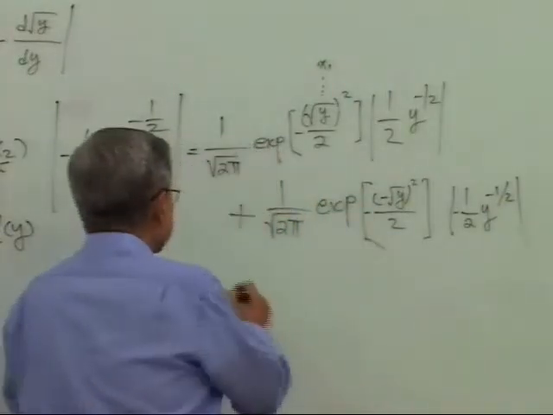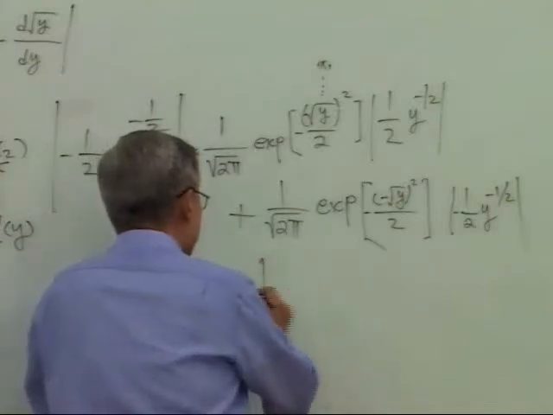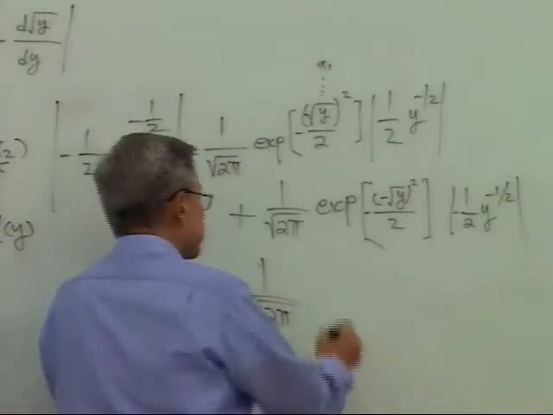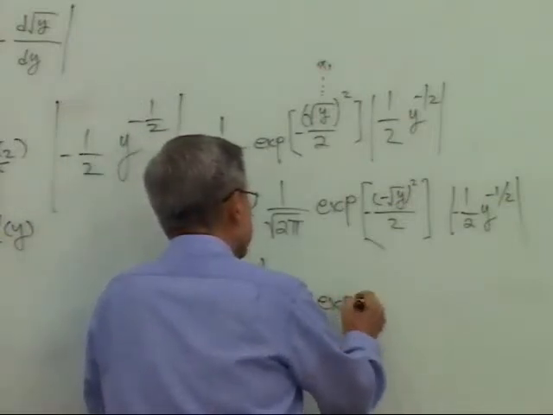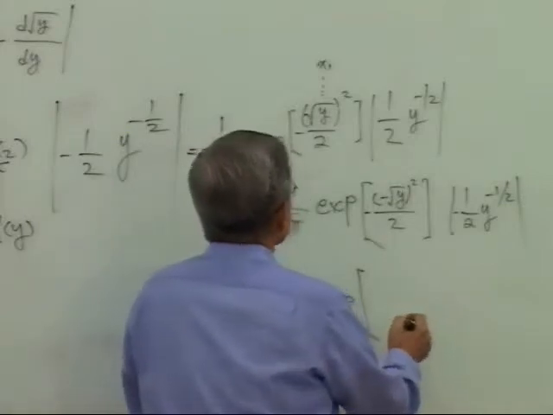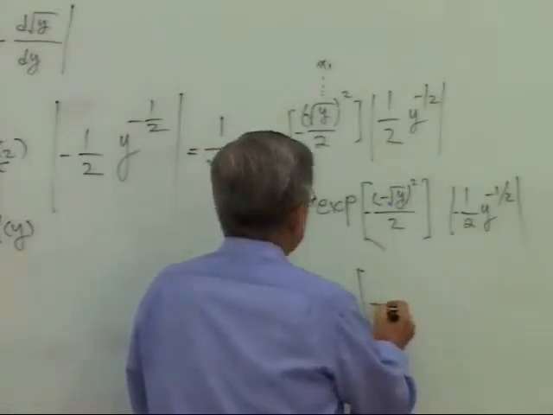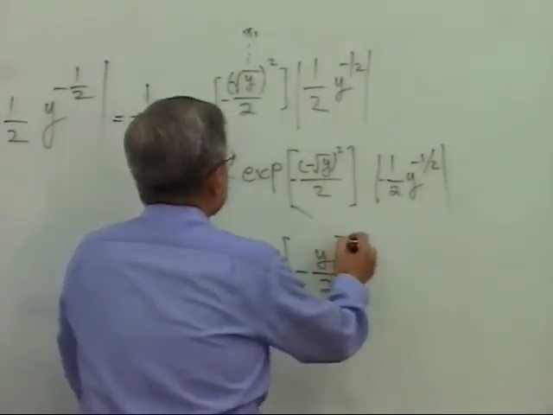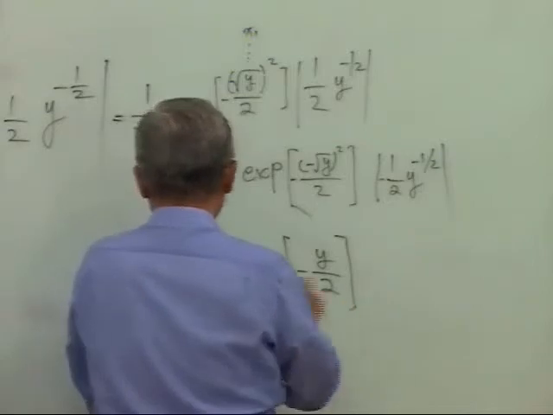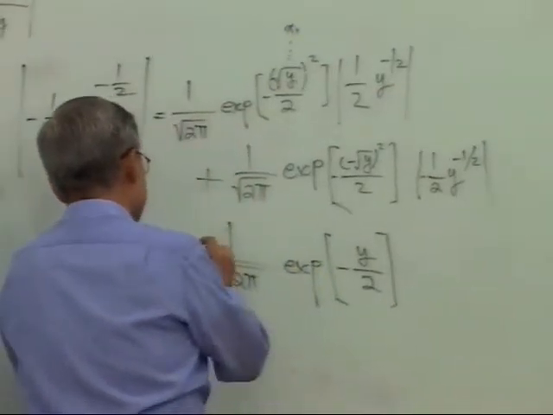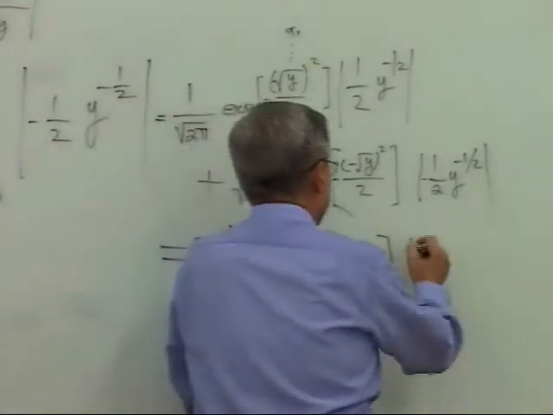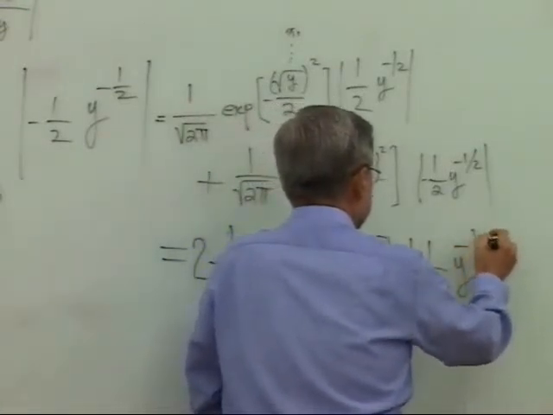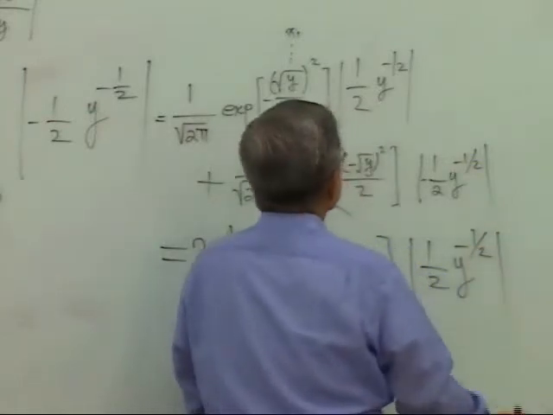So what you can find here is equal to 1 over square root of 2 pi exponential function, okay, minus 1/2 y. It is wrong. Then I'm going to multiply 2 here and 1/2 y minus half.